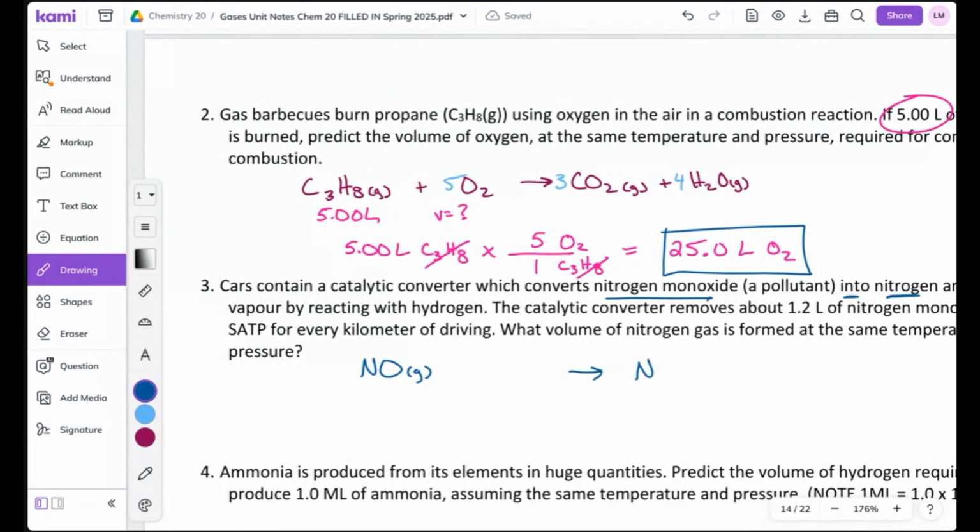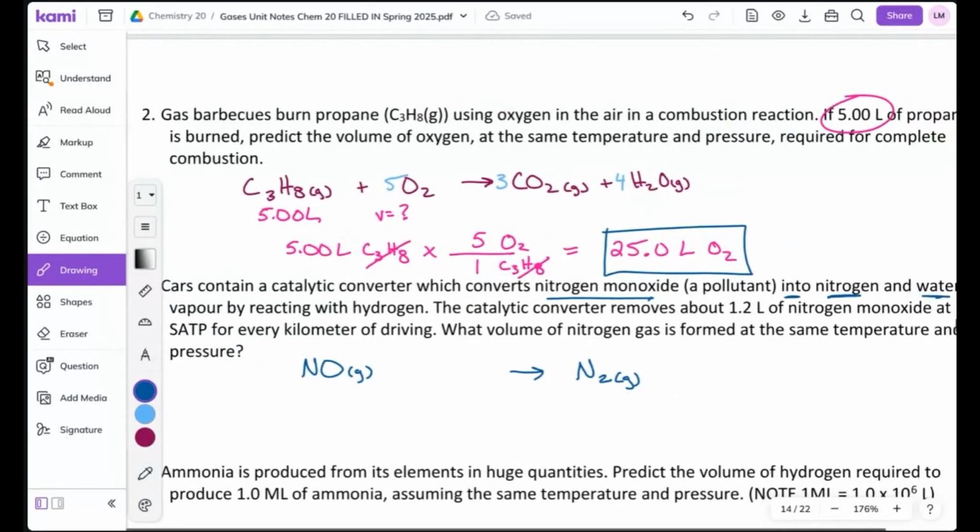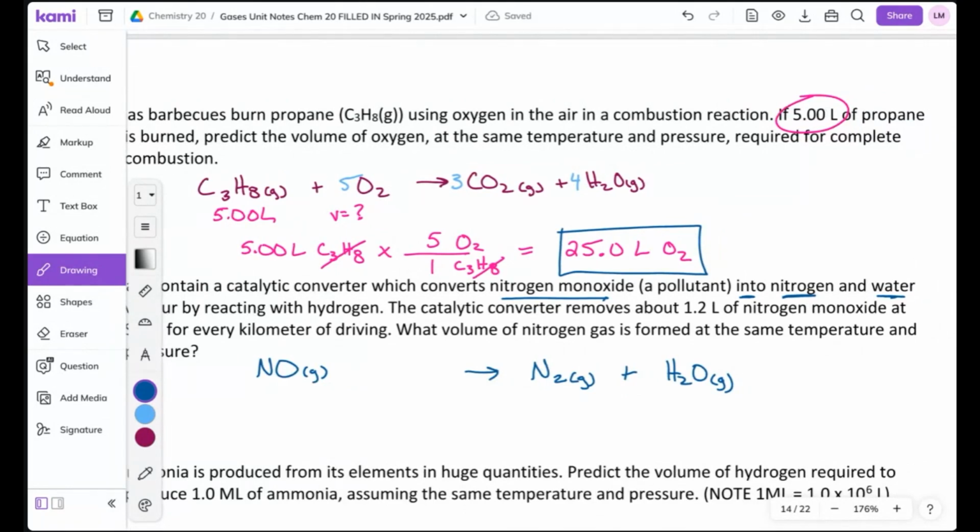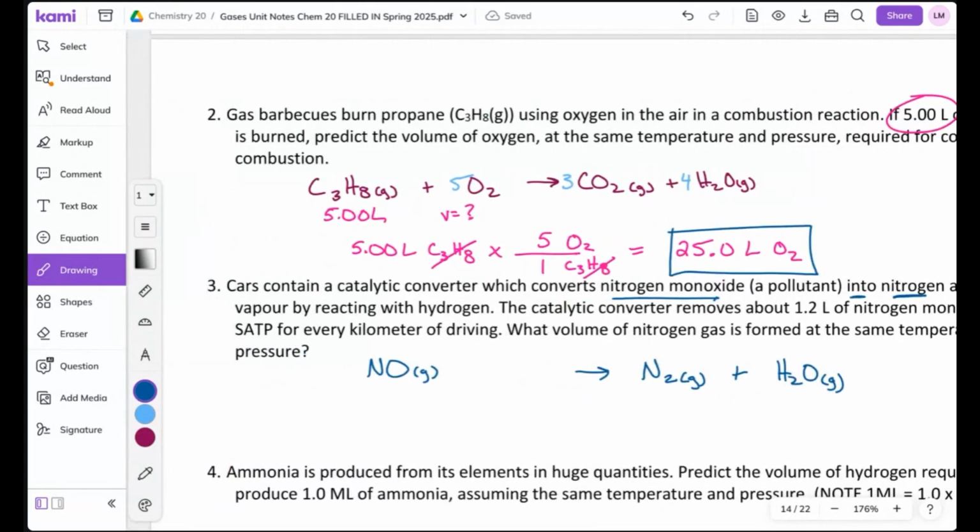So nitrogen is one of our diatomic elements, so I got to put N2. Remember, you can use Hofbrinkel to help you remember what the diatomic elements are. And then water vapor is H2O, gas. Okay, so converts nitrogen monoxide into nitrogen and water by reacting with, so reacting, that tells you this hydrogen is a reactant.